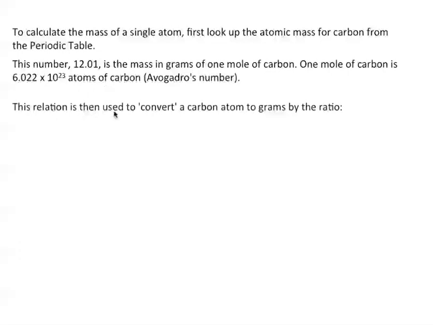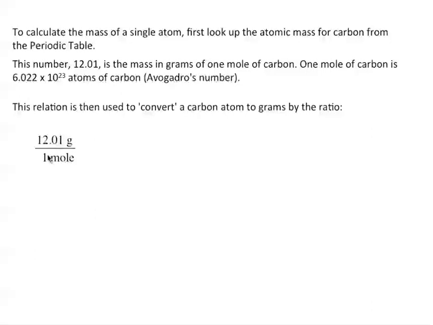This relation is then used to convert a carbon atom to grams by this ratio. We know that 1 mole has a mass of 12.01 grams, so I'm saying it's 12.01 grams per mole. I put the grams on top because what I'm trying to find is the mass. I'm trying to find the number of grams in one atom.